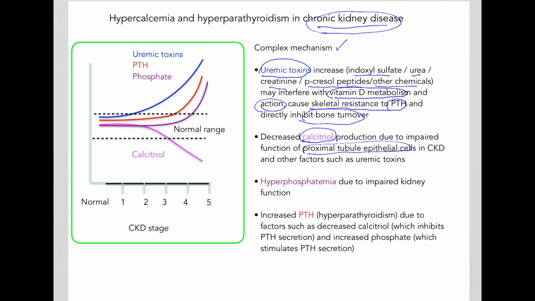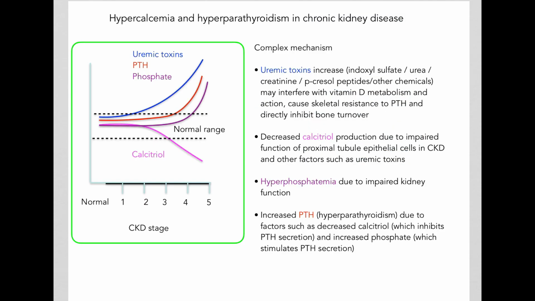And then there are the uremic toxins that can also interfere with the production of calcitriol. Impaired kidney function will also affect the excretion of phosphate, and that may lead to high levels of phosphate in the bloodstream, or what we call hyperphosphatemia.